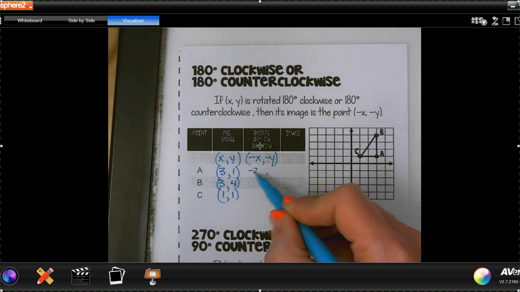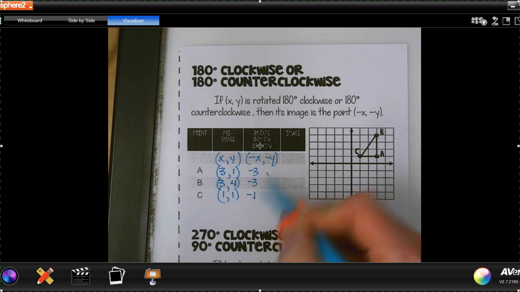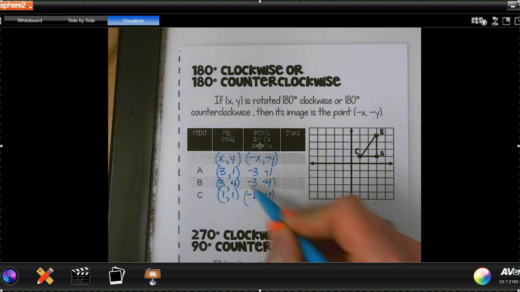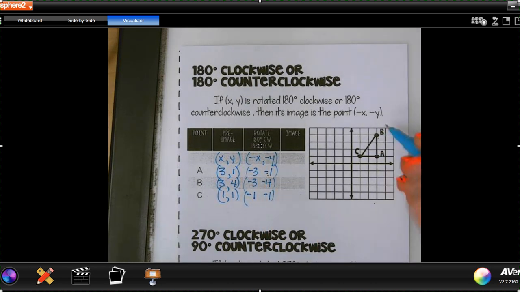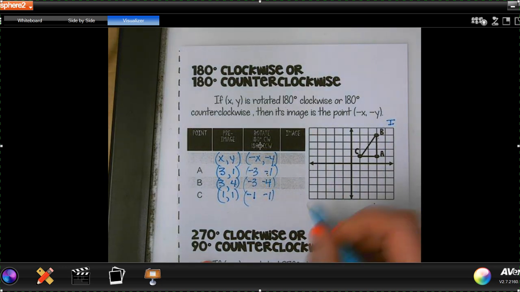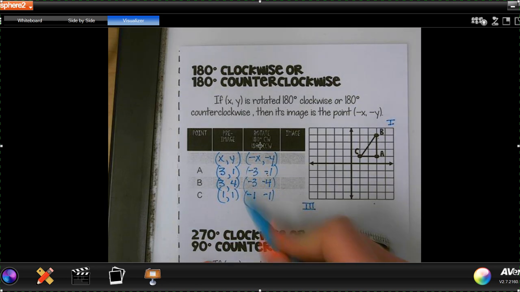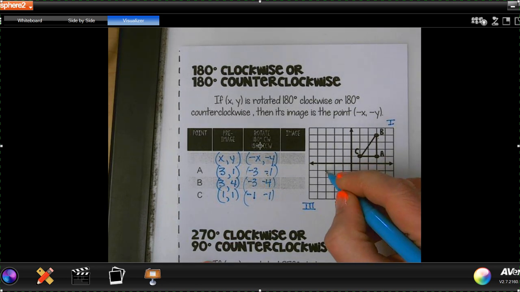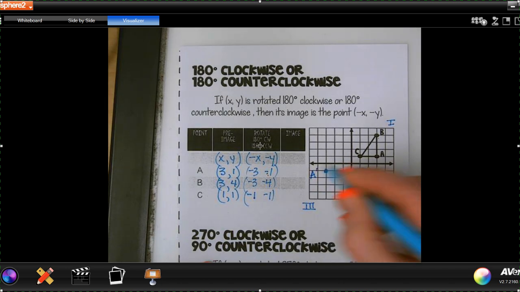All right, so negative 3, negative 3, negative 1. We're going to change all the Y's to their opposites. You can see that this is in quadrant 1 right now. When we rotate it 180 degrees, it's going to be in quadrant 3. All of these are negative, negative. Negative 3, negative 1. I'll label that A prime.